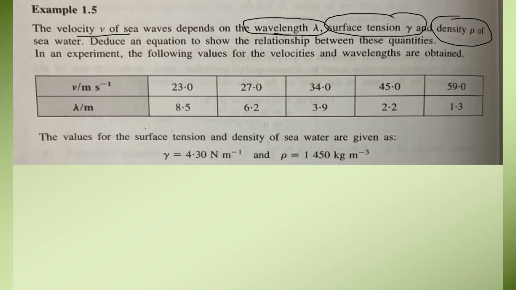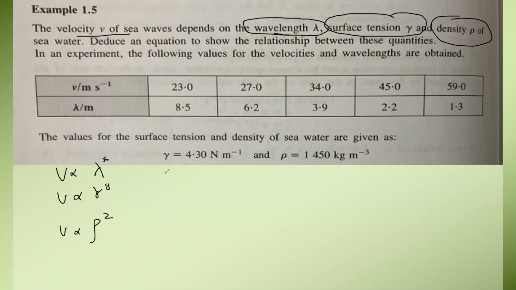So the velocity of seawater is proportional to wavelength raised to power x. It is proportional to the surface tension gamma raised to power y, and it is proportional to the density raised to power z.